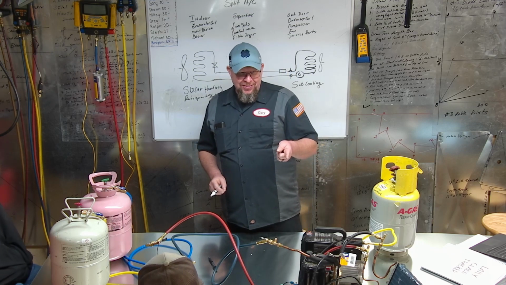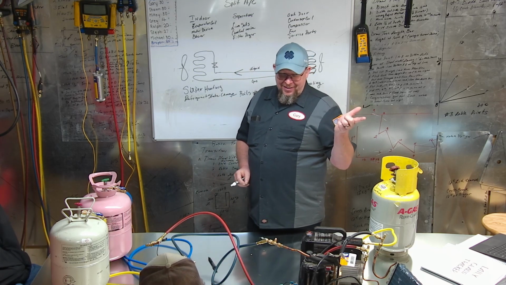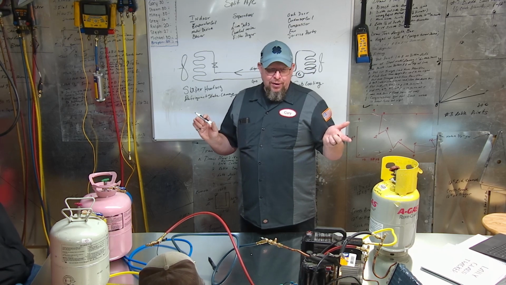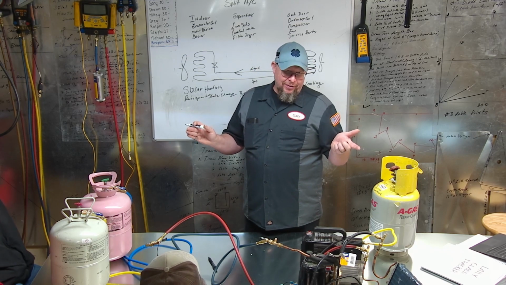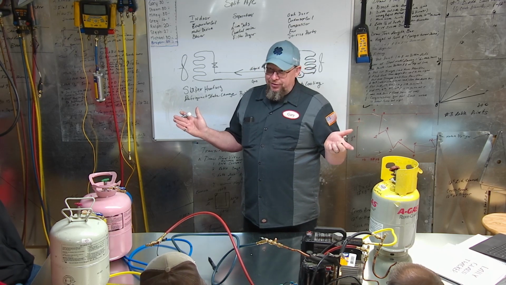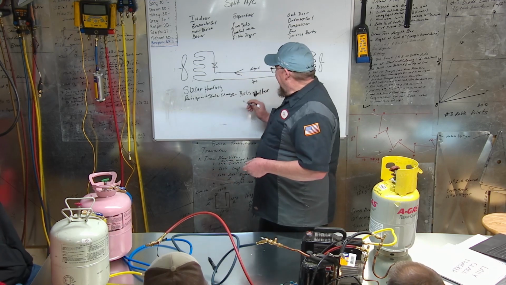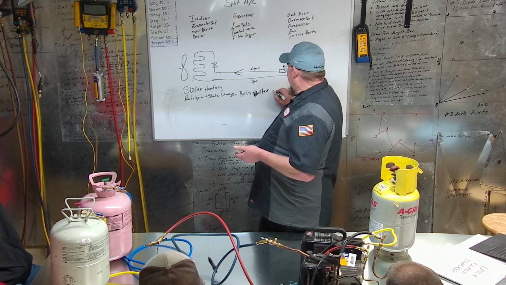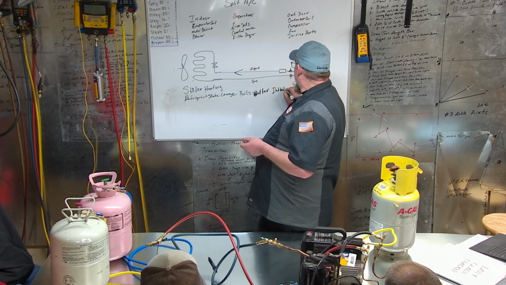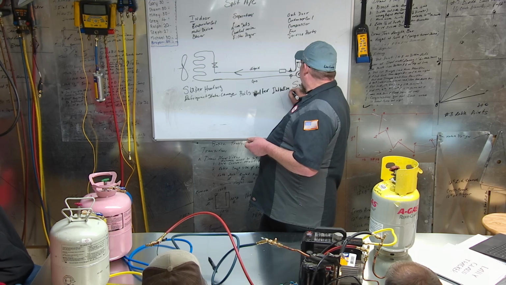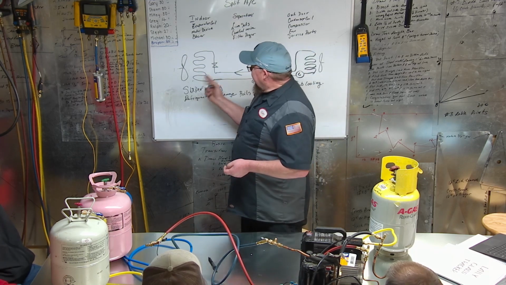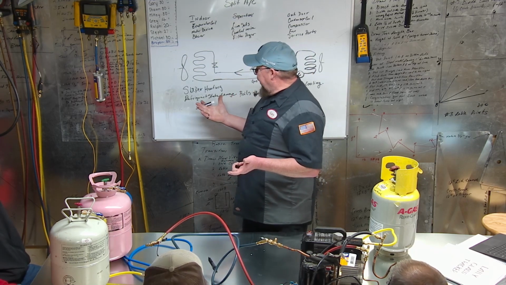Right, Sean? 20 or so. Yeah, 20 plus or minus 5 degrees. Everybody agree on that? Okay, so the delta T, 20 degrees. All right, so that's what's going on in there.